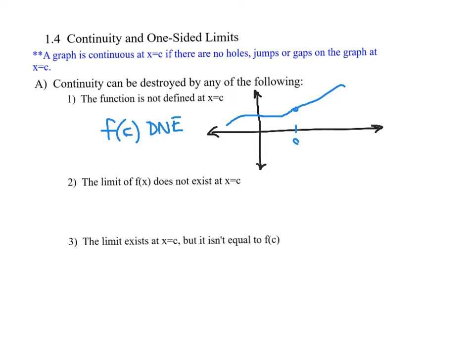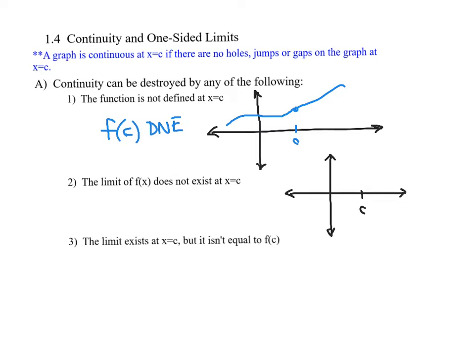The second way in which continuity can be destroyed is if the limit does not exist at x equals c. So we've talked about several different ways in which limits do not exist. I'm just going to draw one example of that. So here are my axes. I'm going to choose a value c here.